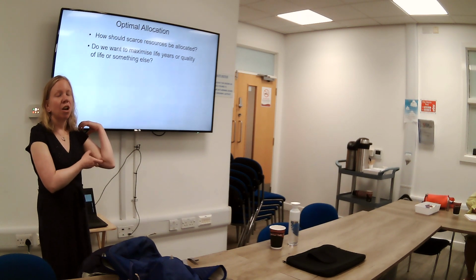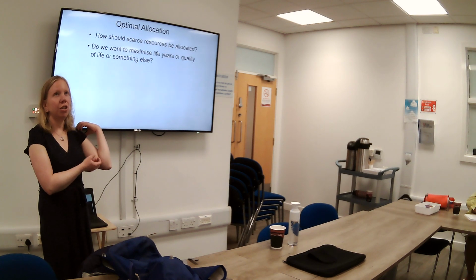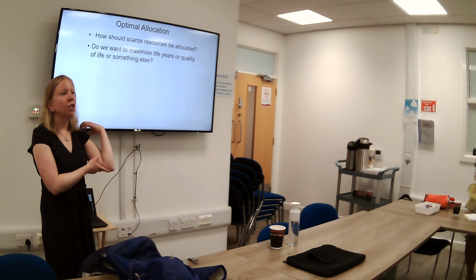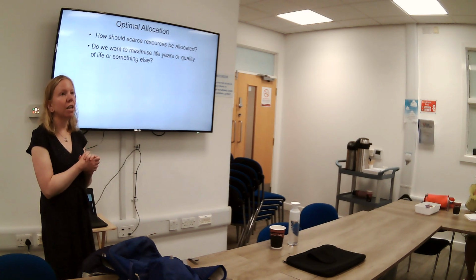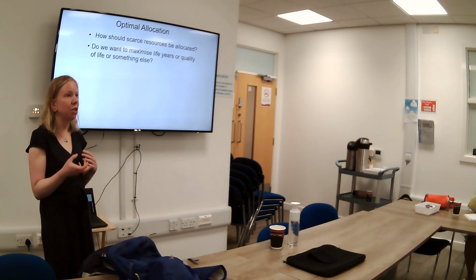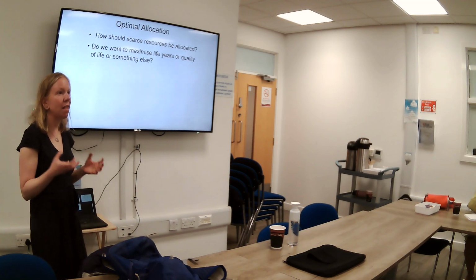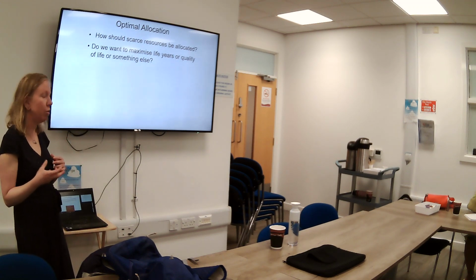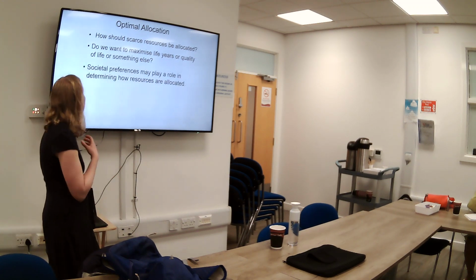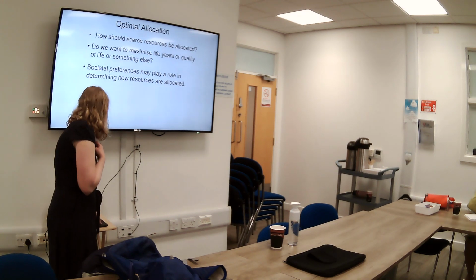In the UK, nationally, that's done through a body called NICE, the National Institute for Health and Care Excellence. They do surveys of different parts of the UK population to determine what people value, and that filters into their decision making.